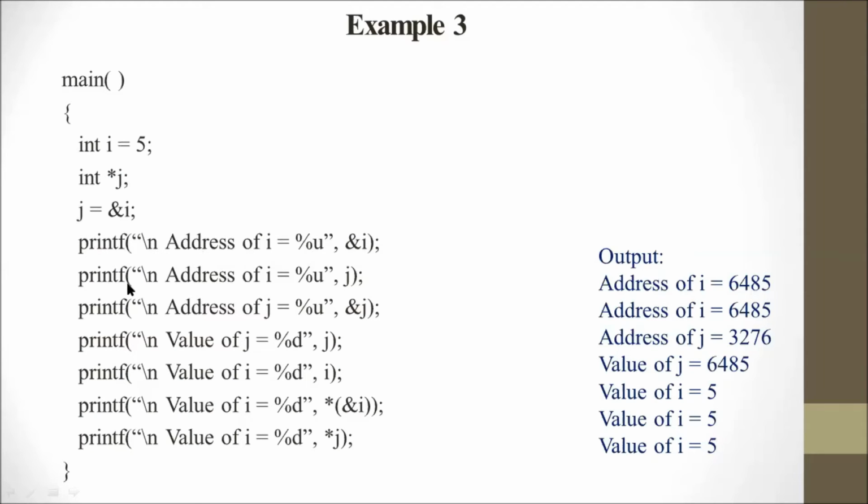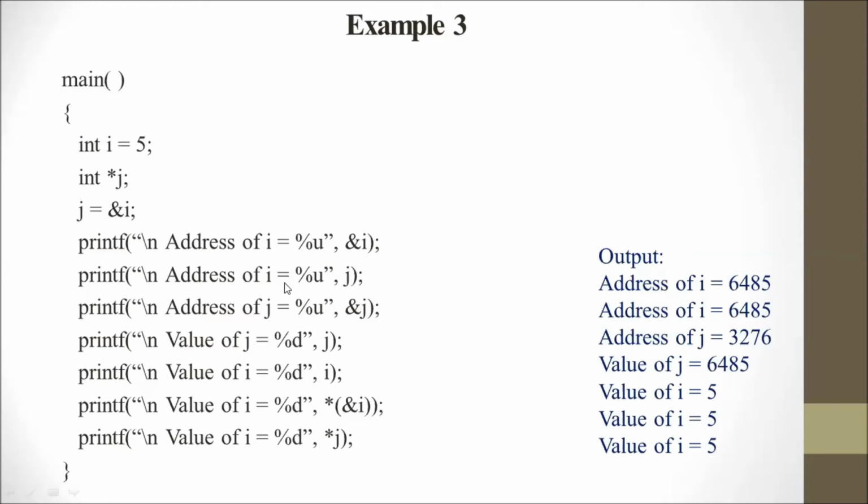Now in the second statement we print j. Here j will print the actual value that j stores. So j will print the actual value 6485, because here we assigned the address of i to j, so j stores i's address.